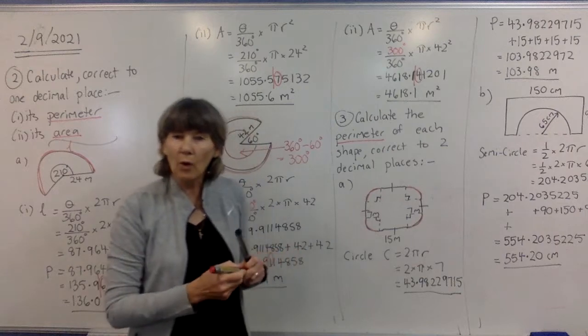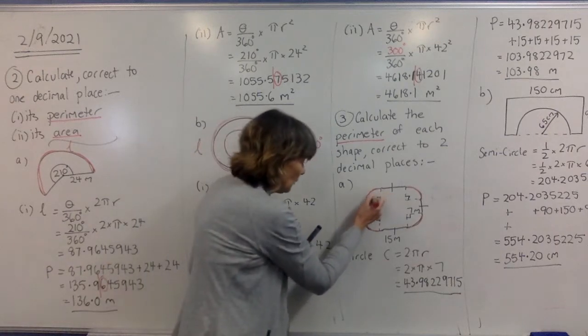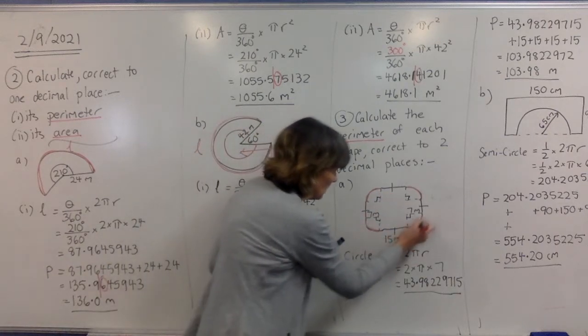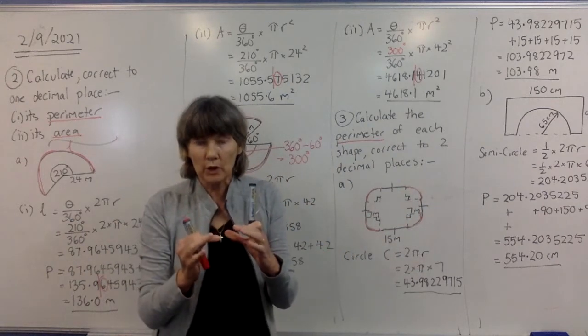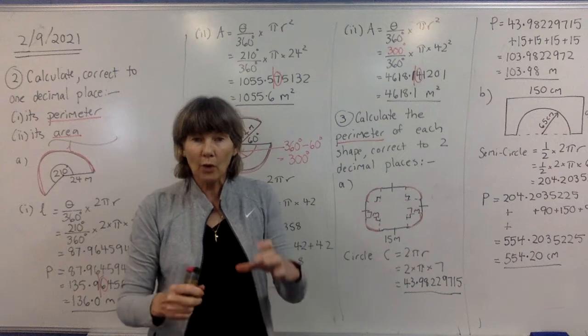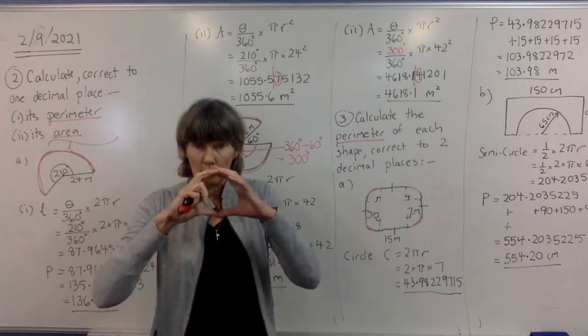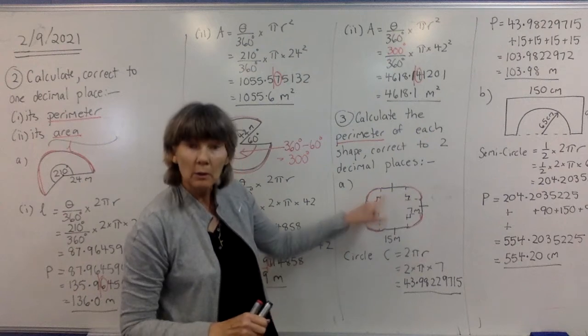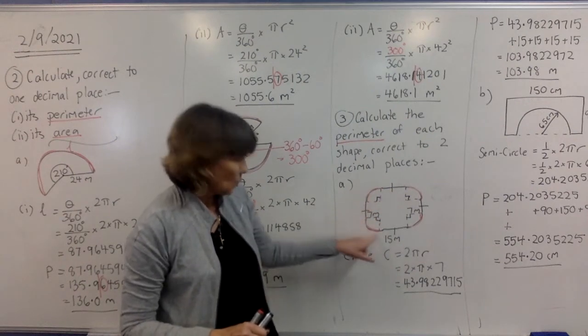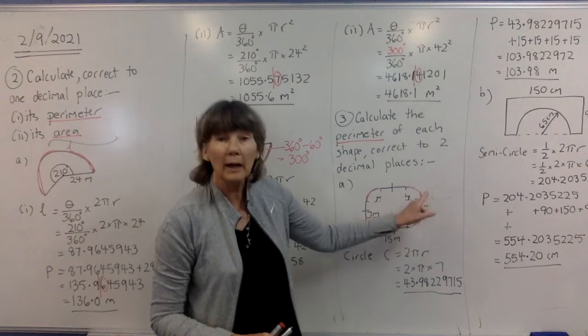Now those 4 bits, if you took these pieces away from the rest of the shape and then did a jigsaw puzzle and tried to join them together, you would actually form a whole circle. Because you've got a quarter of a circle here, see the little right angle? A quarter of the circle here, a quarter of it here, a quarter of it here, and a quarter of it here.